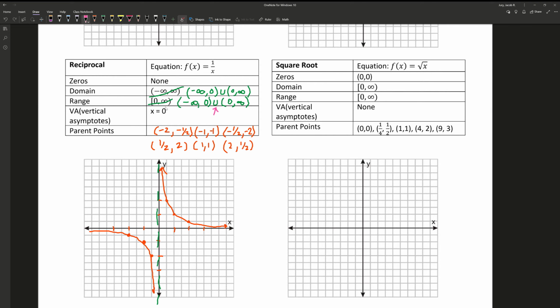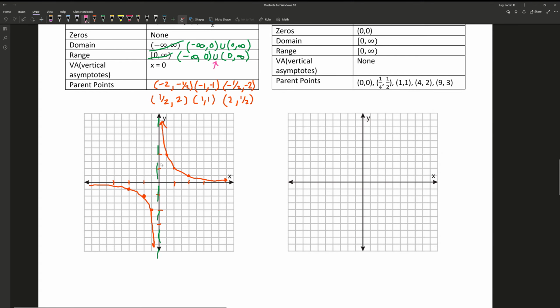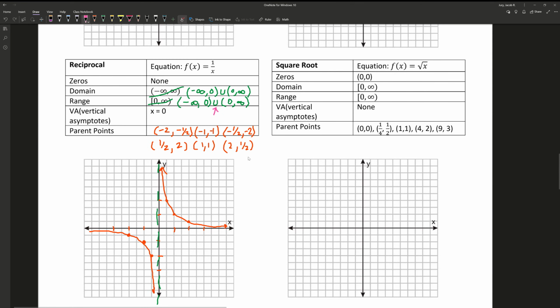So I'm saying that this interval is part of my range and this interval is part of my range. Together they create the range. So that's why this union symbol is creating that togetherness. That means putting those 2 things together. But as far as the rest go, it should be pretty easy to get graphed.